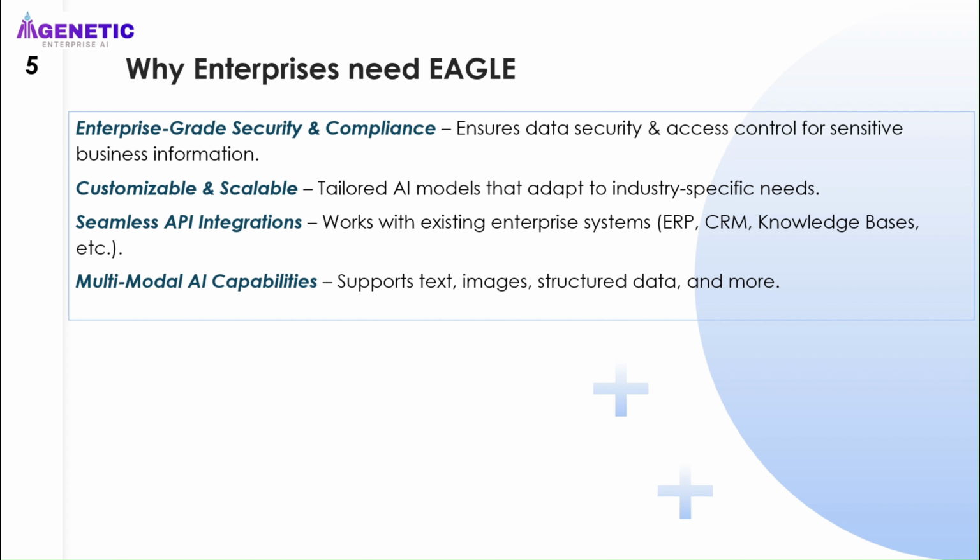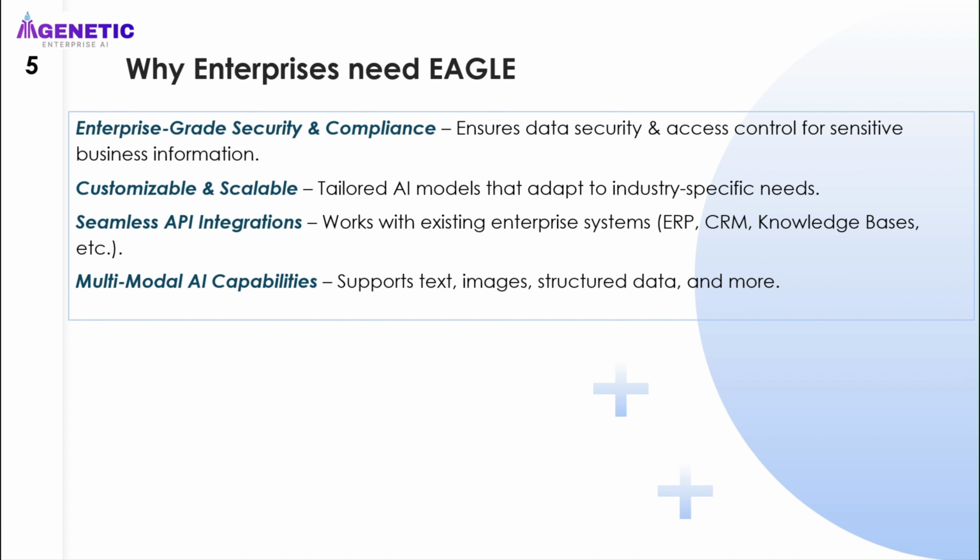Why does an enterprise need Eagle? One of the primary concerns in adopting AI or GenAI is security. Enterprises don't necessarily want to give their entire data away to the cloud. Some might be okay with that, and some might be okay with a private cloud. But at the end of the day, it's about a lot of confidential data, which you would not like to give away to the external world.